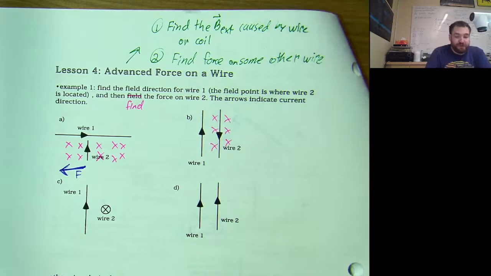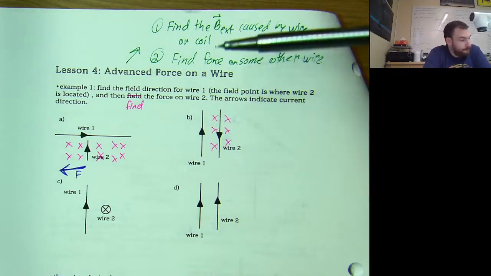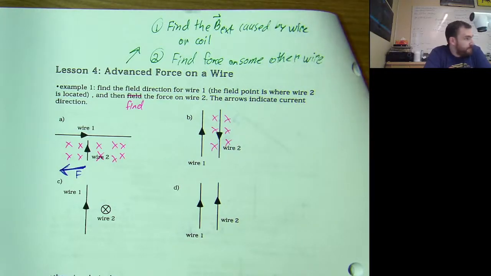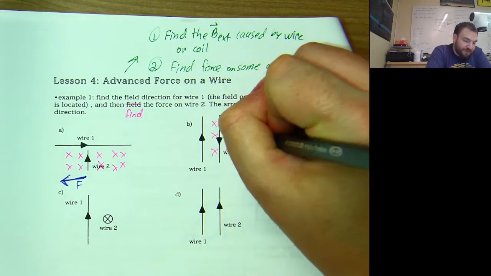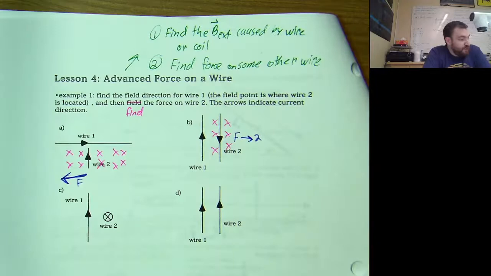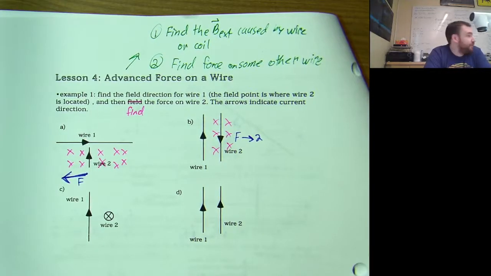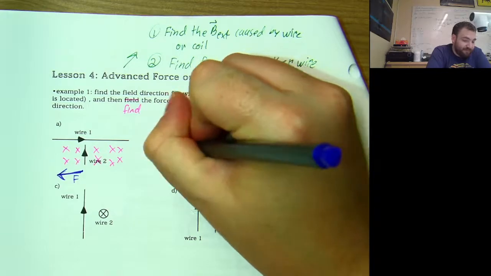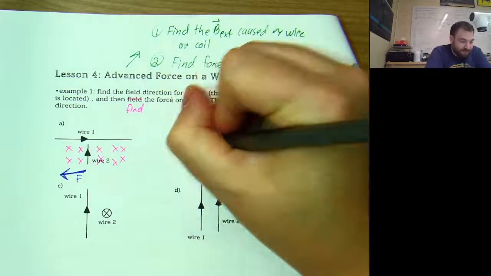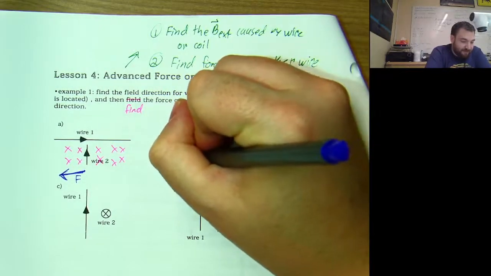What's the direction of the force on wire 2? We agree with Joseph? The force on wire 2 is going this way. So an extension of that, what direction would the force on wire 1 be? Yeah. The other way. F on 1.